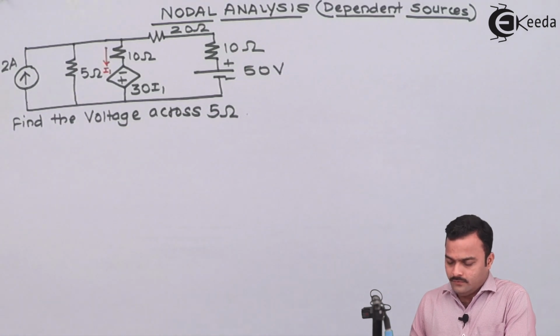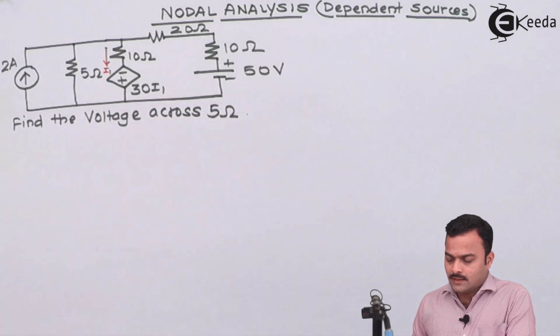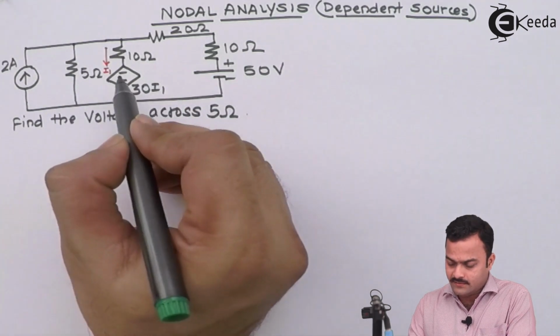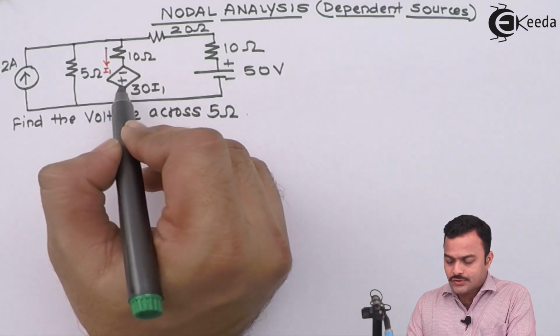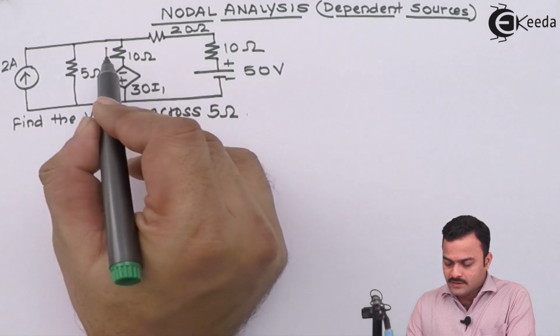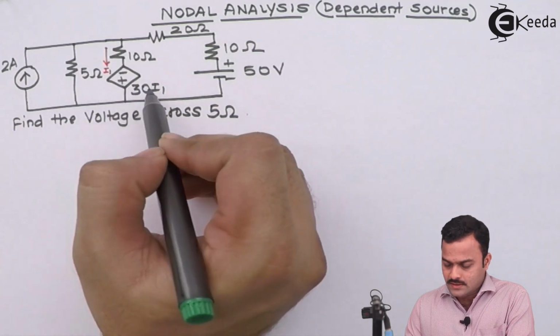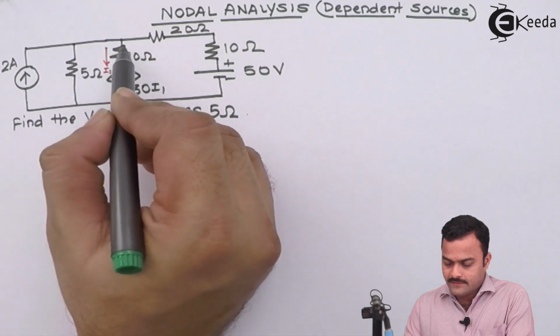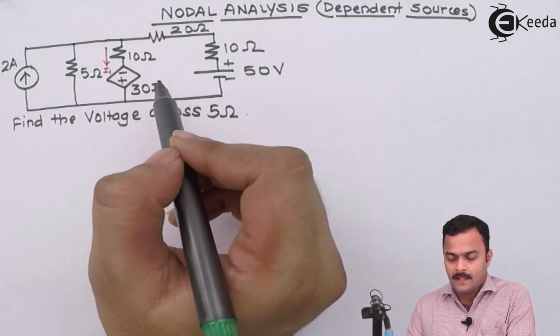We have to get the voltage across the 5 ohm resistance by using the nodal analysis technique, and in this circuit we have a dependent voltage source which depends upon this current. So I can say it is a current controlled voltage source. This I1 is the current flowing through the 10 ohm, which will control this voltage 30 I1.